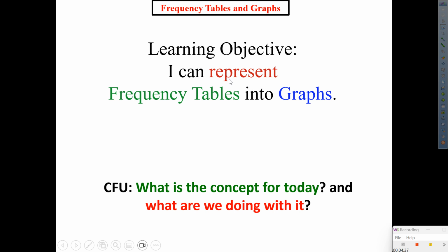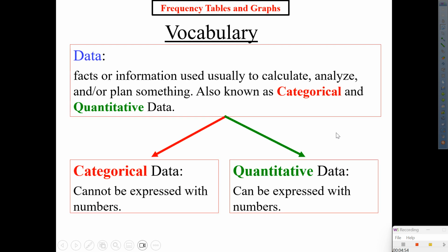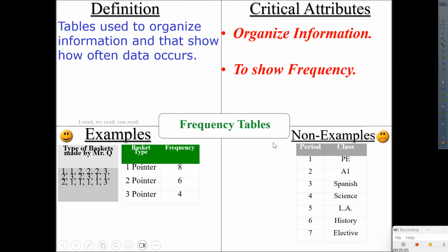All right. So, with that said, yesterday we started with our objective: I can represent frequency tables in graphs. Let's go back to the same notes. We're going to finish up that last problem that we did together. But just so that we understand where we've been, we talked about data, and we said categorical and quantitative, and another word for categorical is qualitative. Yes, Mr. Q. We talked about frequency tables.